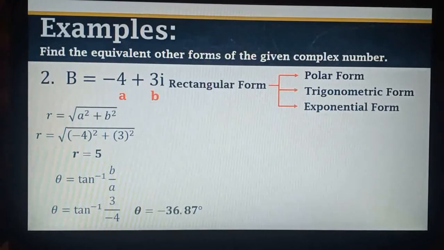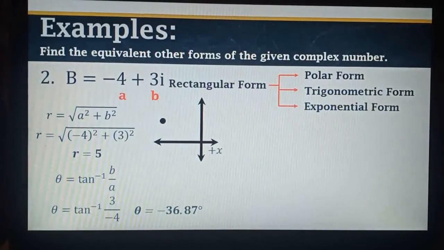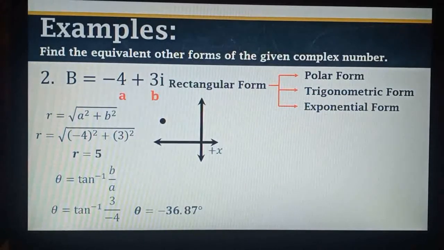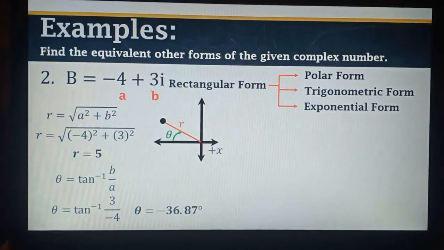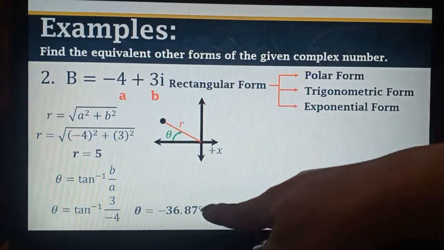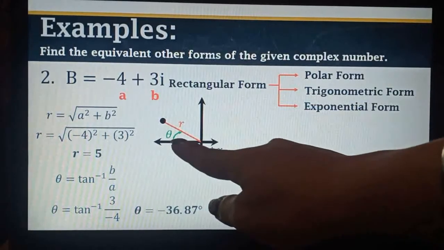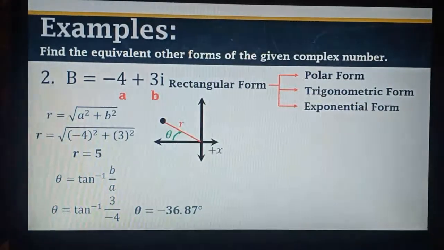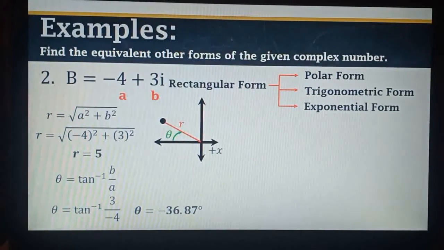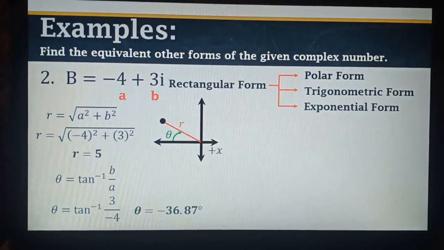So the computed theta is negative 36.87, but the location of our complex b is in the second quadrant, and the location of your 36.87 is from the negative x-axis. So yung 36.87 natin nandito mula kay negative x-axis, but we need kay polar form ay galing sa positive x.